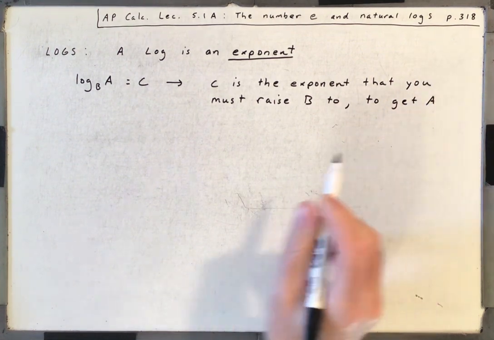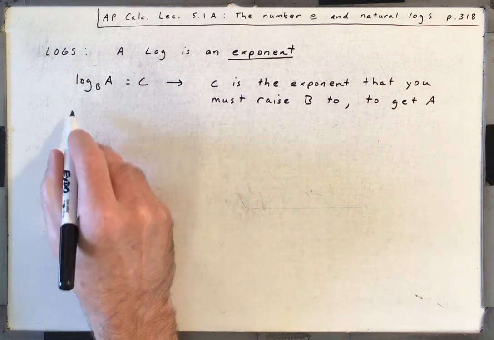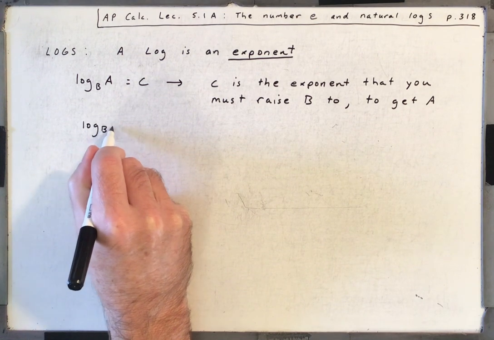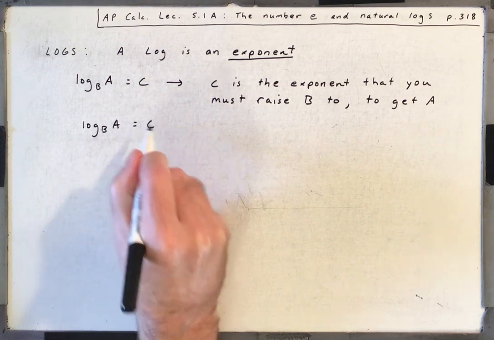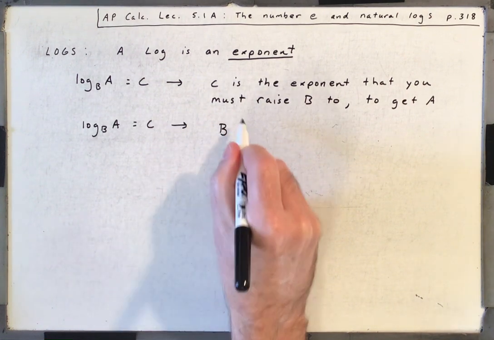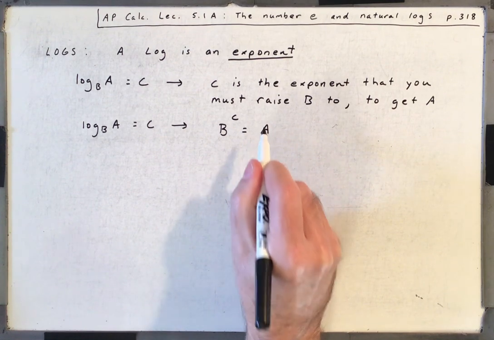So b stands for the base, c is the exponent. If we were to rewrite this as an exponential equation instead of a logarithm, it would be b to the c power is equal to a.